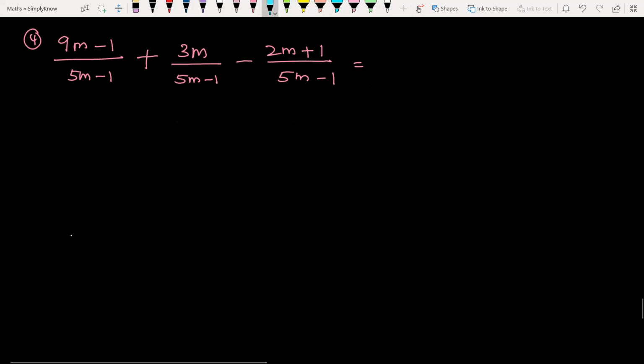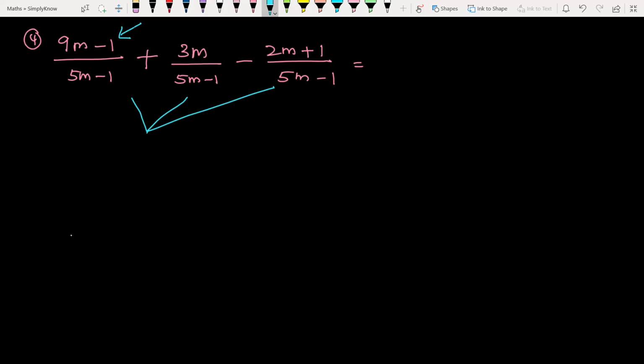Okay, let's take a bit advanced sum. Now what about this? Here we see that all three denominators are the same, so we have a common denominator. But when we consider the numerators, we see that here there is an algebraic expression.